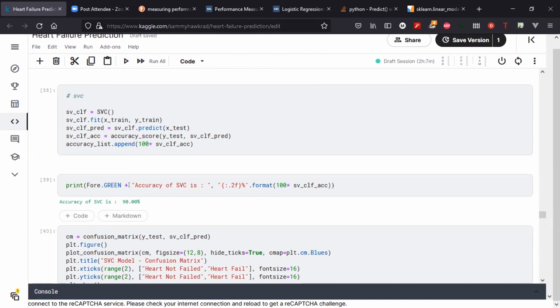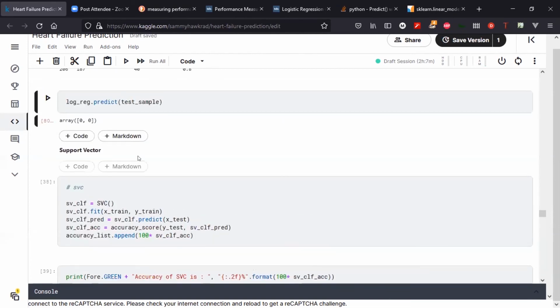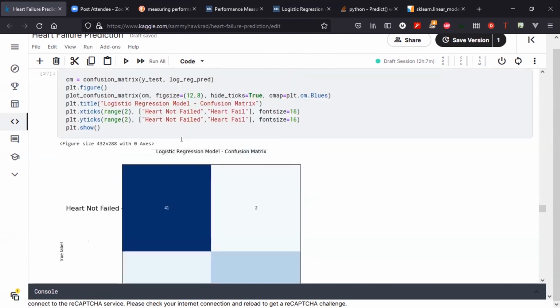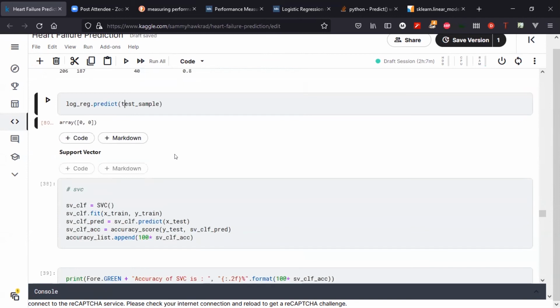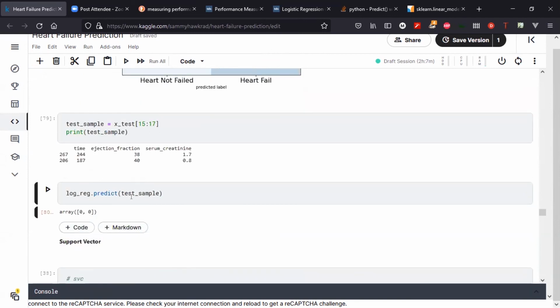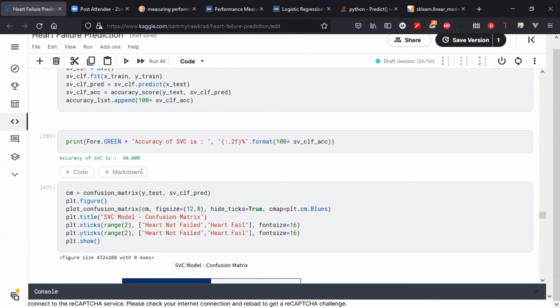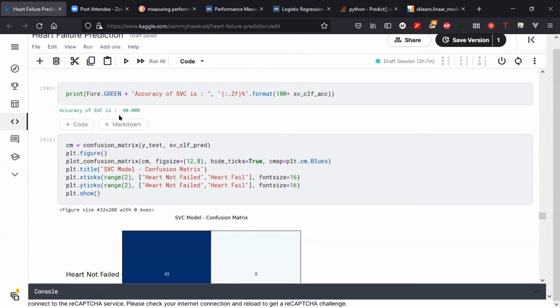So usually the results that come out are a bit different. The performances are usually different. So aside from our normal logistic regression, whose results we've seen and also tested, we used a support vector machine, which also had an accuracy of 90%.